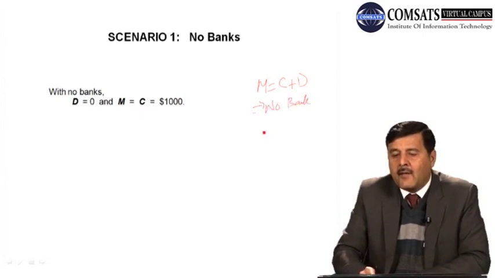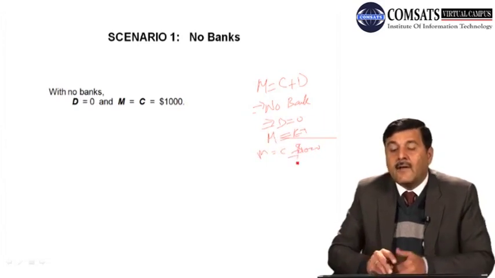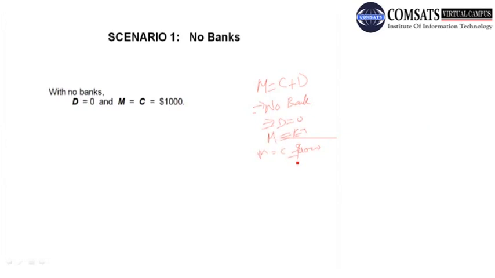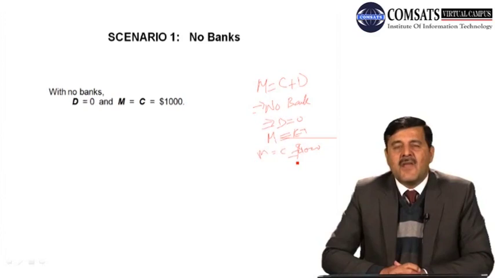When D is equal to 0, then M is equal to C, and suppose it is equal to $1,000, right? So with no banks, D will be 0 and C will be equal to the money supply in the country and the economy.